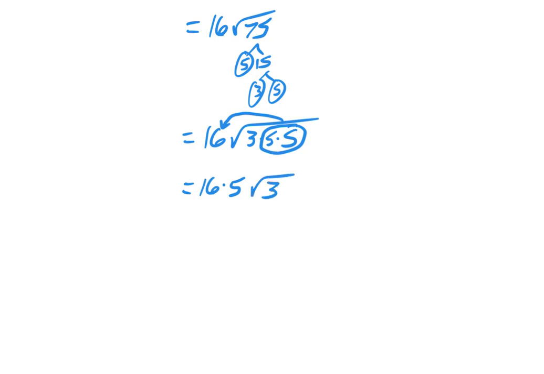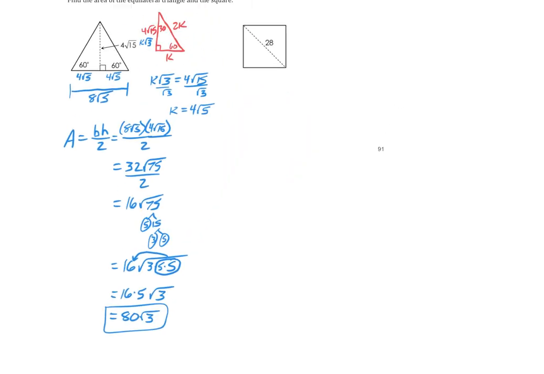Then we're going to multiply those two together. I'm going to take 16 times 5. And so this would become 80 radical 3. And that would be our answer. Okay. We just have to make sure that we simplify our radical or fraction as much as we possibly can.